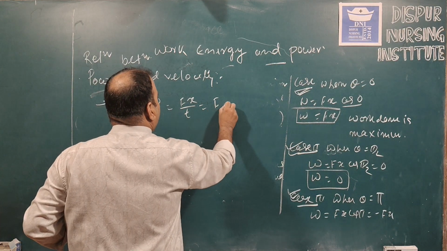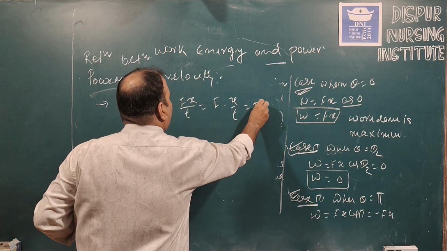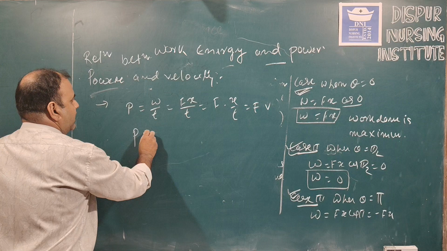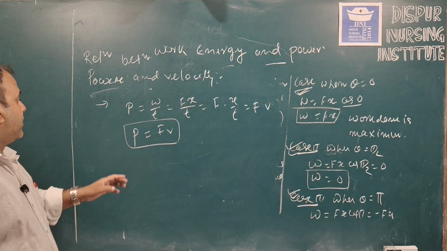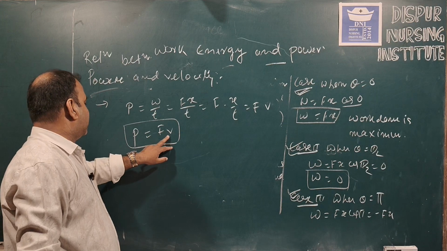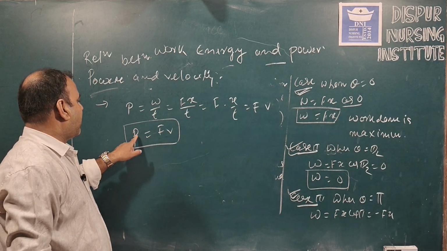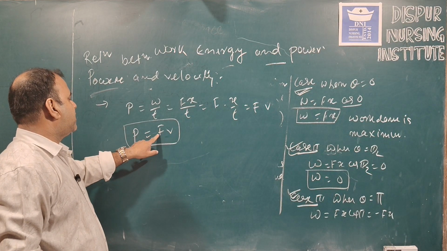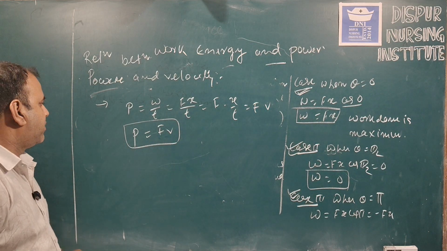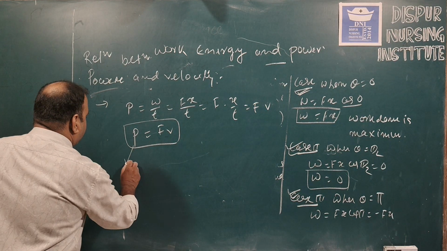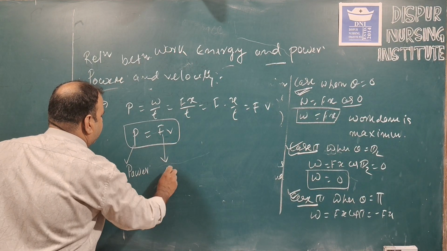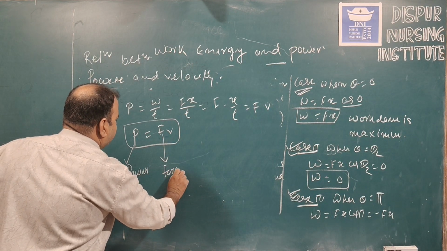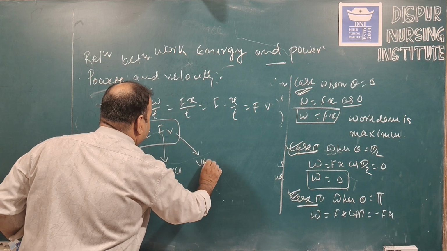So F into X by T is equal to F into V. So power is equal to F into V. This is the relation between power, force, and velocity. Here P is power, F is force, and V is velocity.